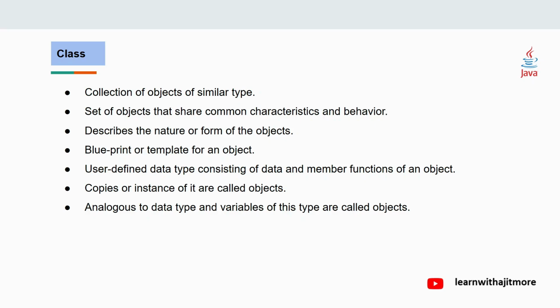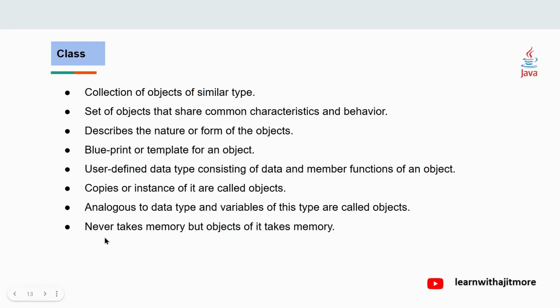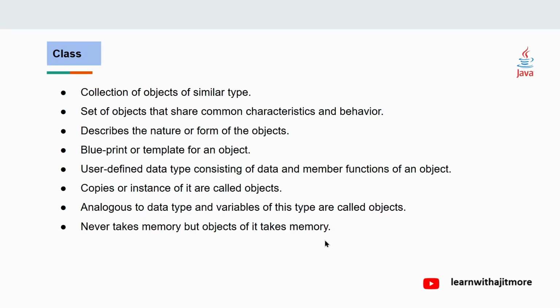Does it depend on the data type? Yes. What the data type is will decide how much space is to be allocated. Here also, class will decide how much space to be given. Correct? So always remember, objects take space, class doesn't. So class never takes memory, but objects of it take.